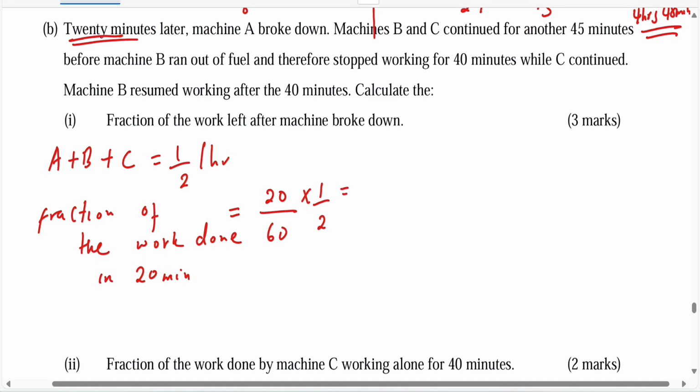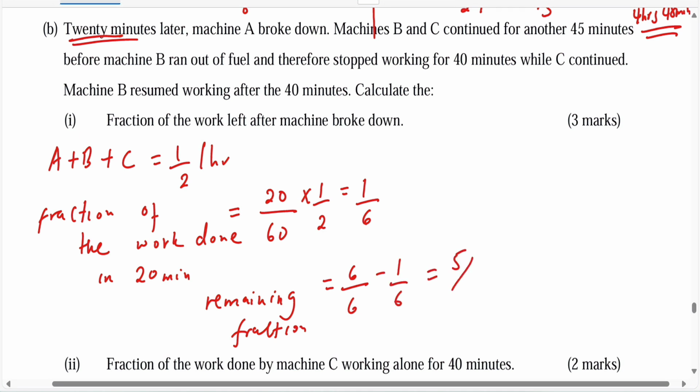So it gives you 1 over 6. Now the remaining fraction will be how much? Remaining fraction will therefore be 6 over 6, which is the total for all the work, minus 1 over 6, and it gives you 5 over 6. So this is the remaining fraction of the work after the machine broke down.